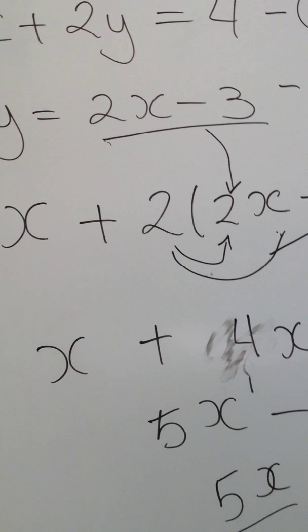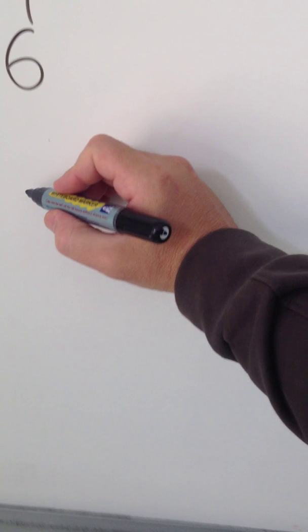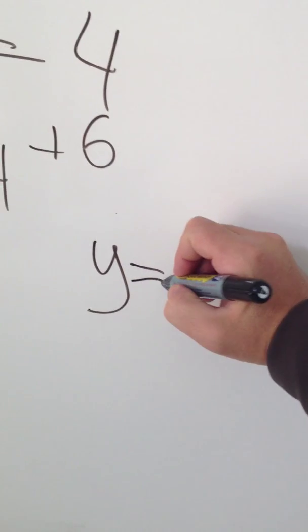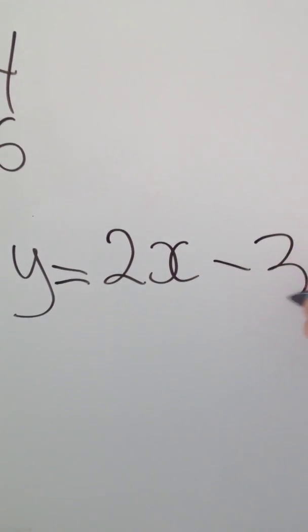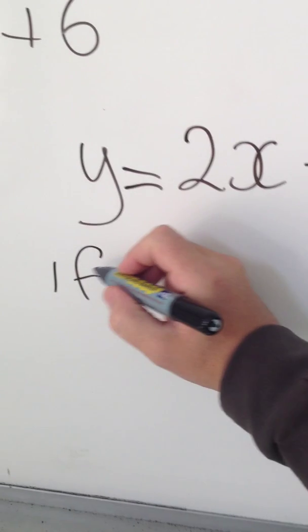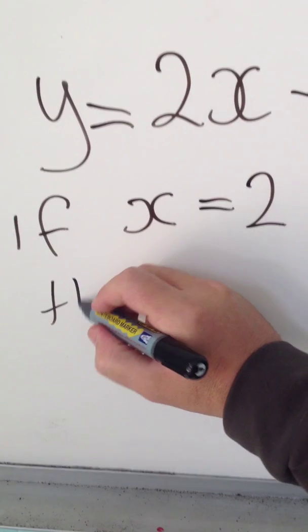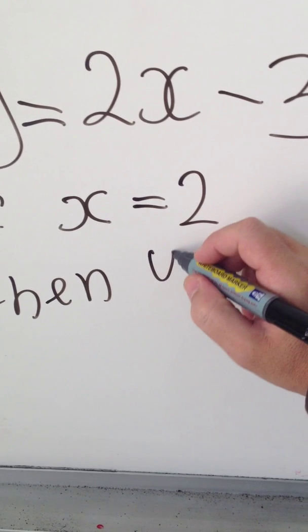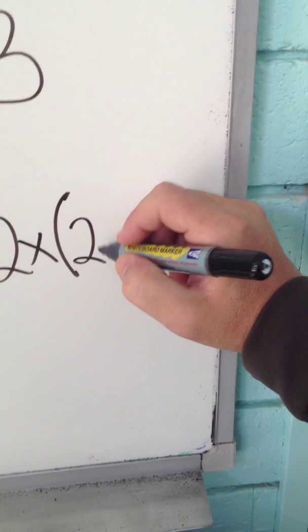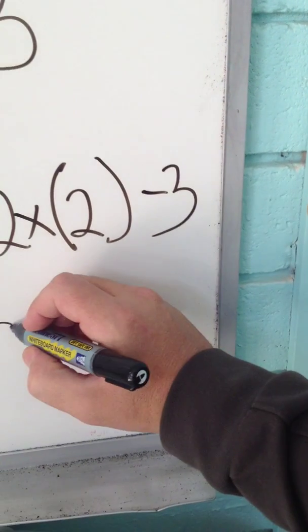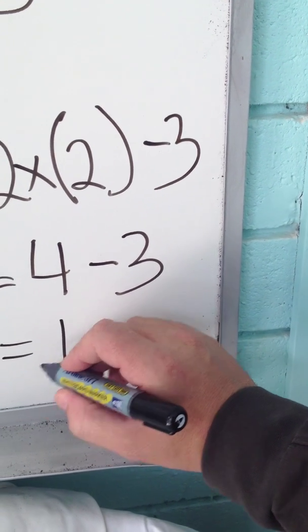So I'll substitute it in there, and that equation says that y equals 2x minus 3. If x is 2, then y equals 2 times 2 minus 3, which is 4 minus 3, which is 1.